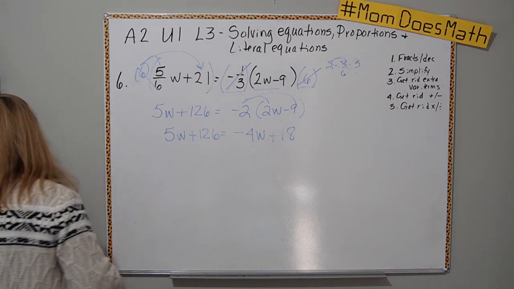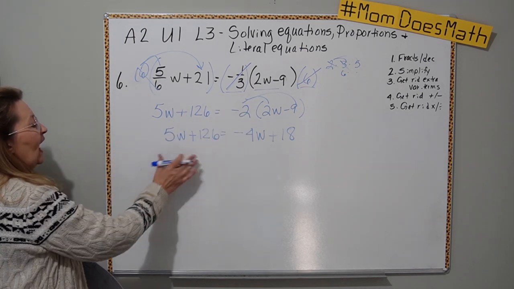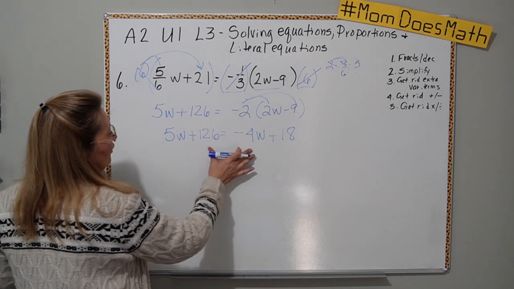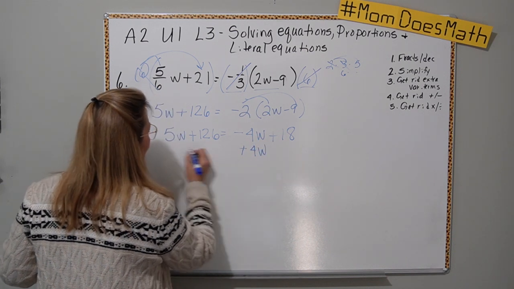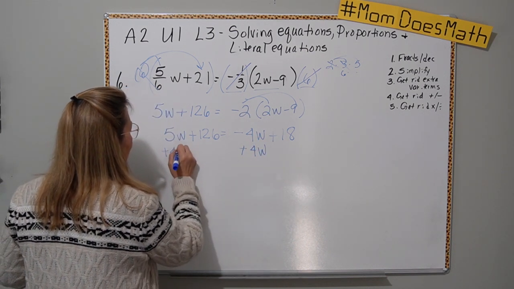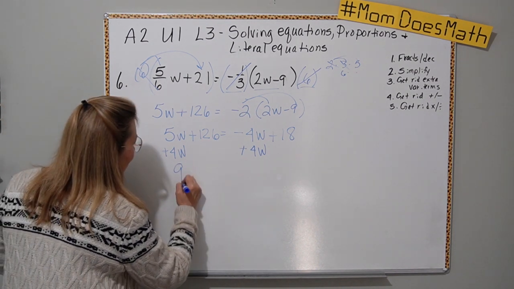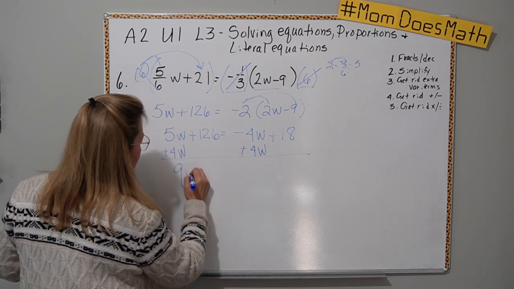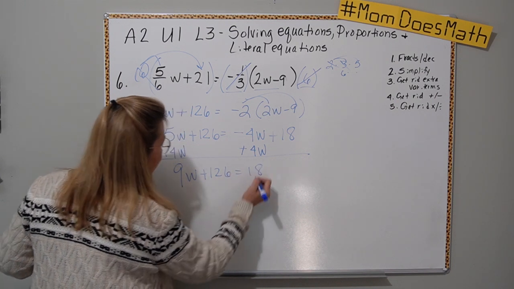Now, let's go ahead and work with our best practices. I'm going to get rid of one of my variable terms. Since it's negative 4W, I'm going to add 4W to each side, and that's going to give me 9W plus 126 is equal to 18.